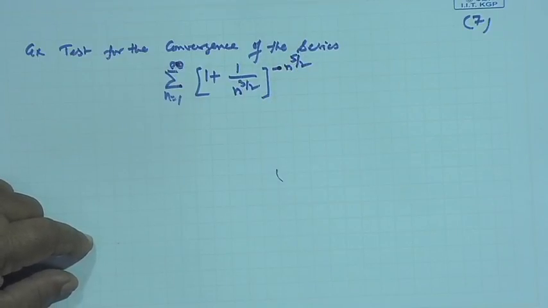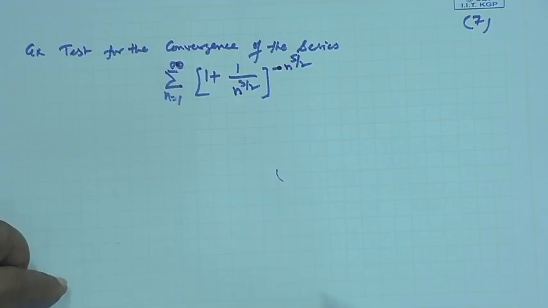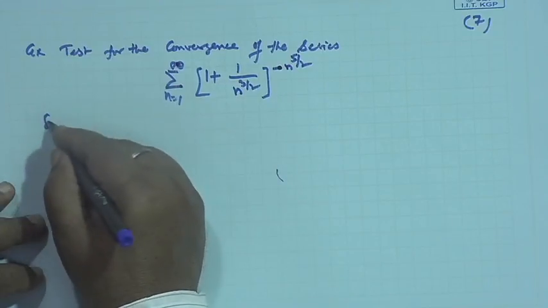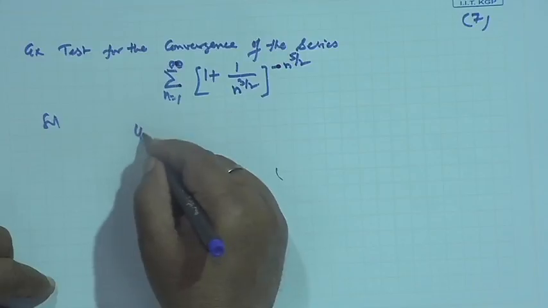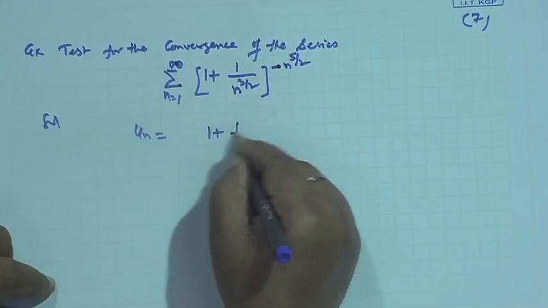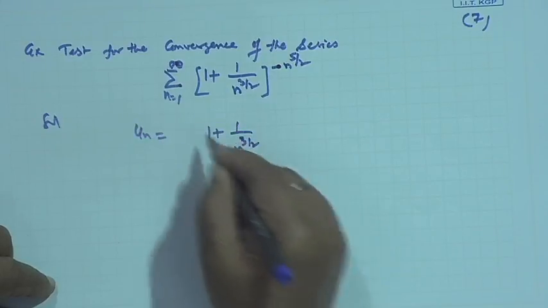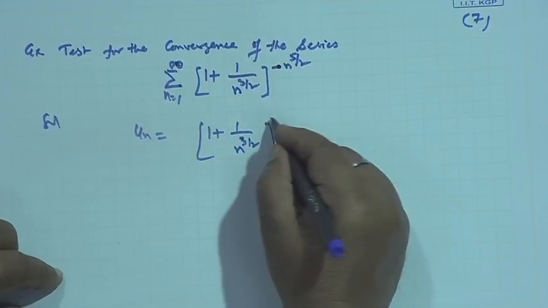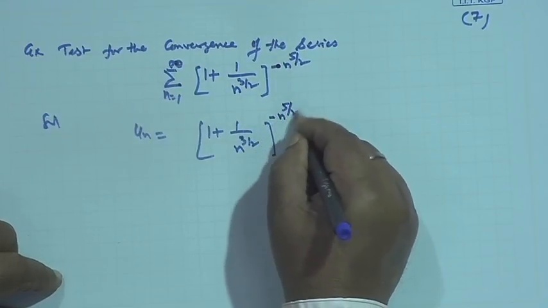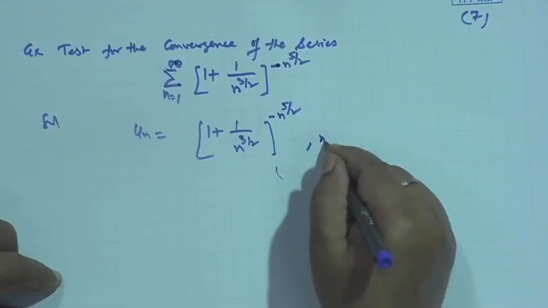Okay. So, here the u n term is (1 plus 1 by n to the power 3 by 2) raised to the power minus n to the power 5 by 2, n greater than or equal to 1.